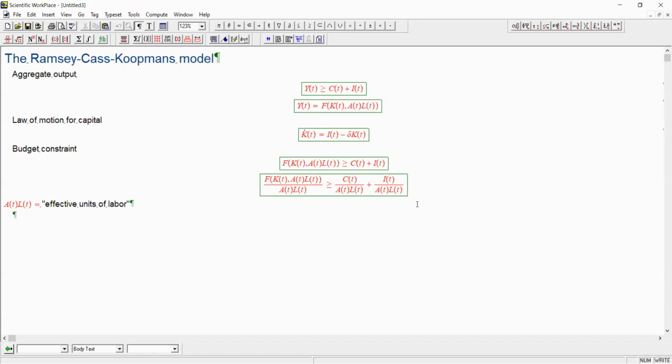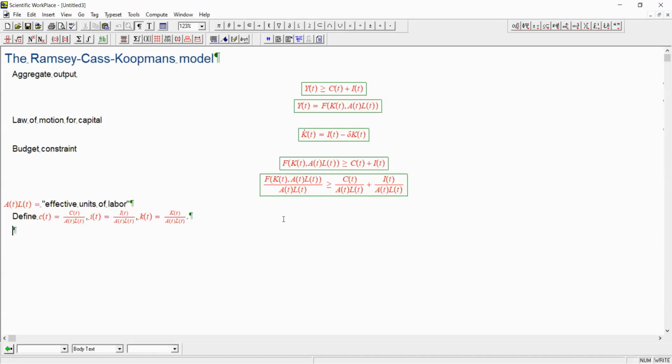One is we're going to define c_t as consumption over effective units of labor. Similarly, i_t is going to be investment per effective unit of labor, and little k_t is going to be equal to capital per effective unit of labor.